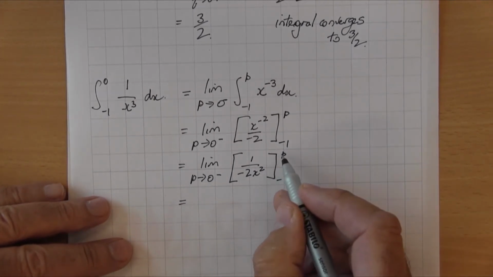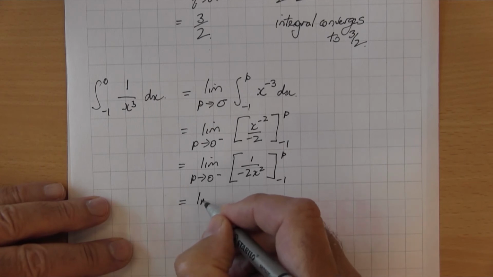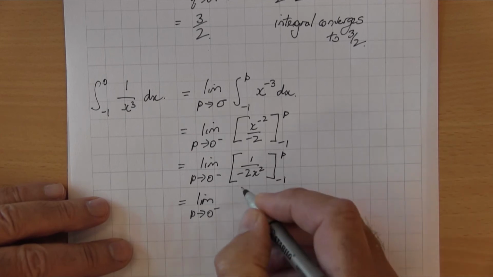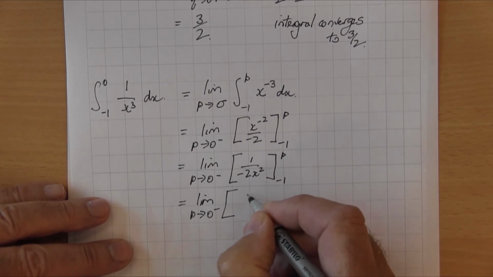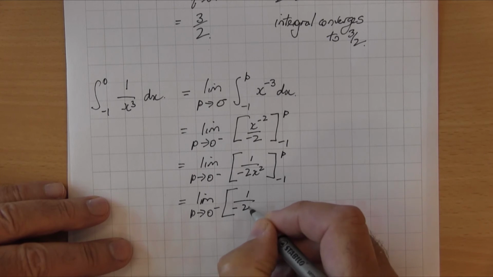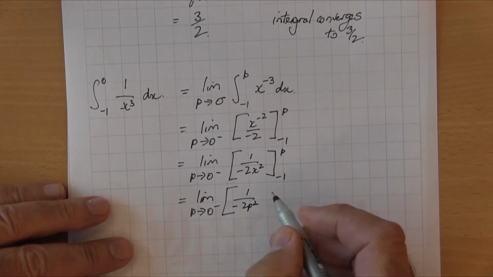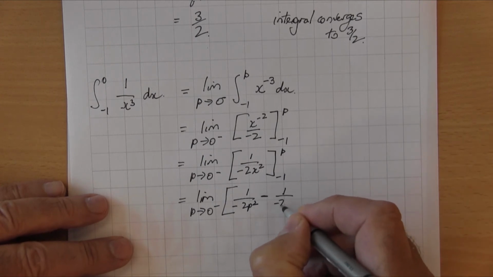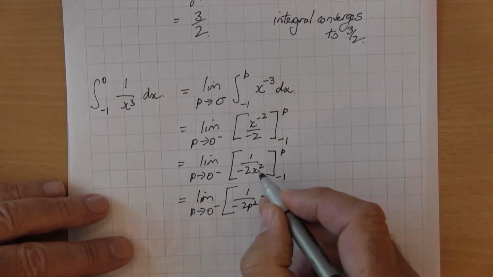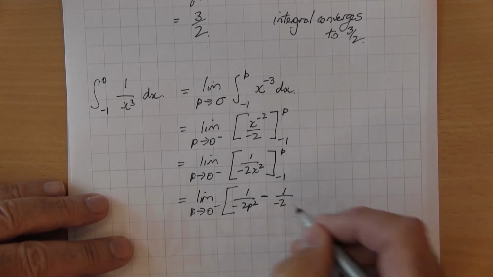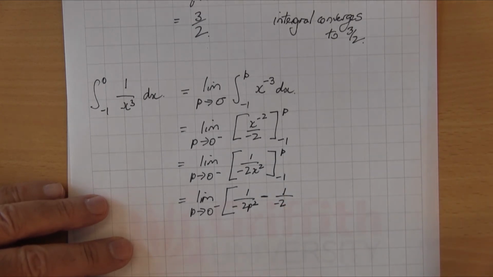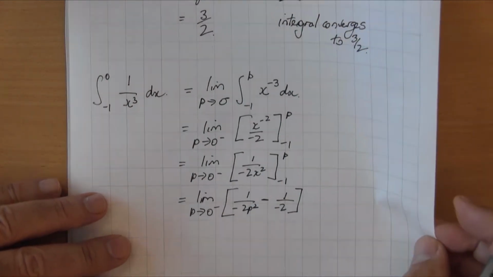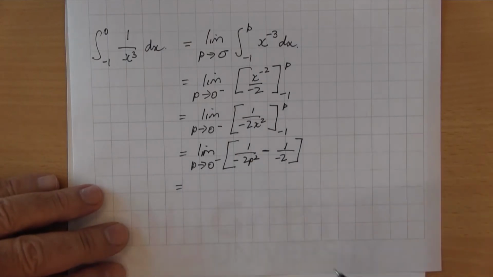We can now substitute in our p and negative 1, so that's the limit as p approaches 0 from the negative side of 1 over negative 2p squared, minus 1 over negative 2, and when we put x equal to negative 1, x squared is equal to 1, so that'll just become negative 2 on the bottom there.